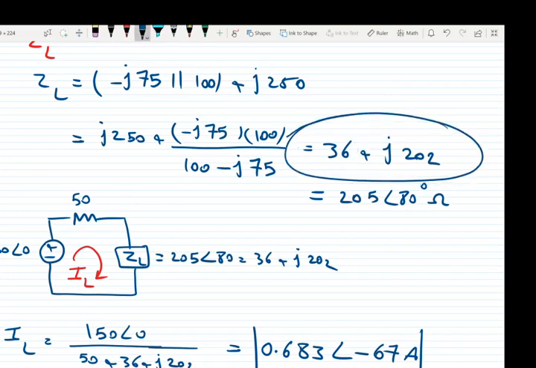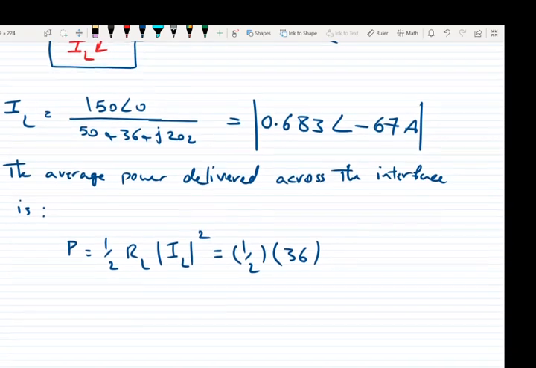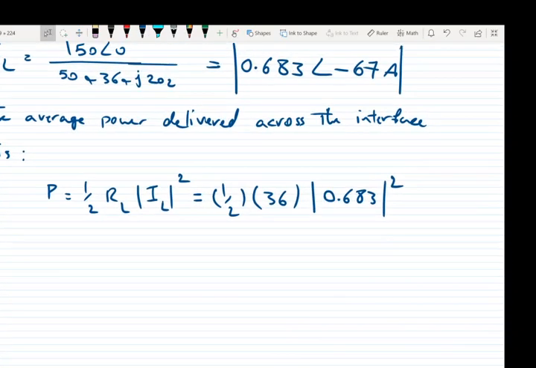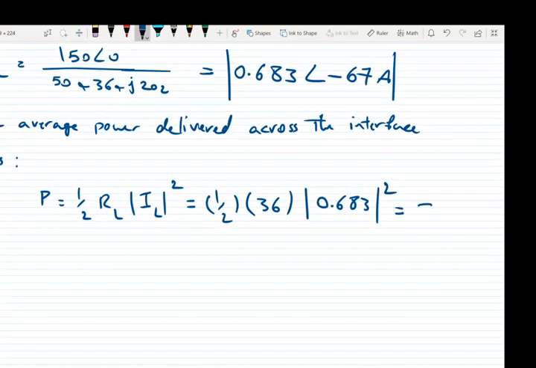From this ZL, we only consider the real part. So it's 1/2 of 36 times 0.683 squared, which is equal to 8.4 watts.